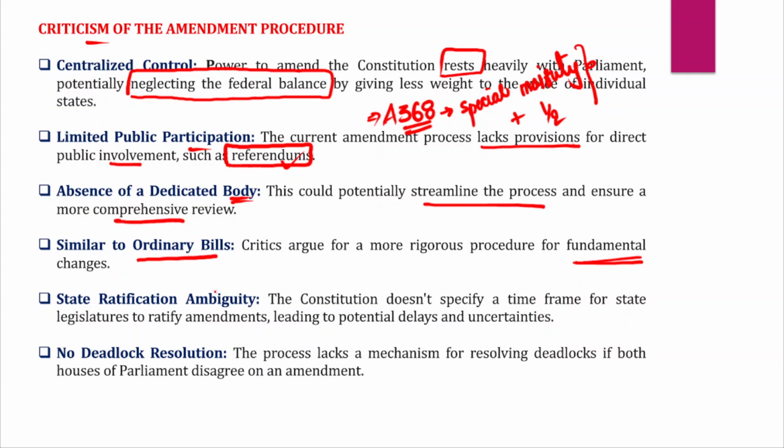And apart from that, there is also a state ratification ambiguity. Now, what exactly is the state ratification ambiguity? For example, it is said that half of the state legislatures must ratify the constitutional amendment bill, along with the special majority, for certain provisions of the Indian constitution.